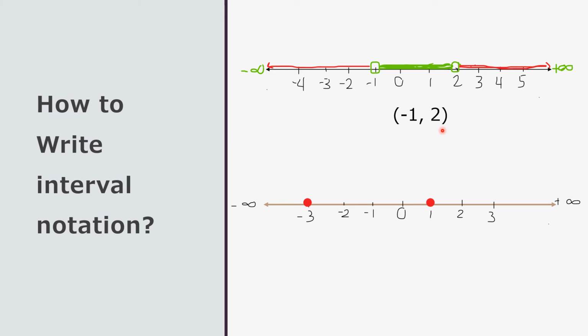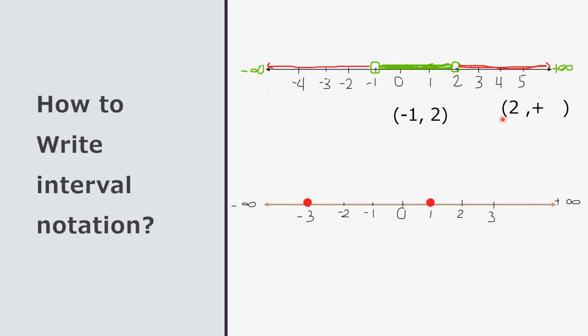This is the solution set if this is the area. Parenthesis means negative 1 is not included, you just put a comma, then 2, which means positive 2 is not included, so that is close parenthesis.